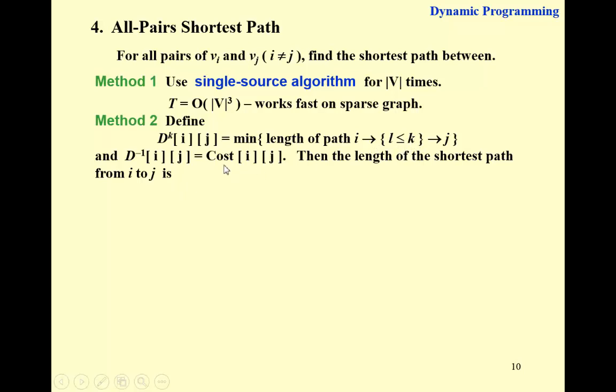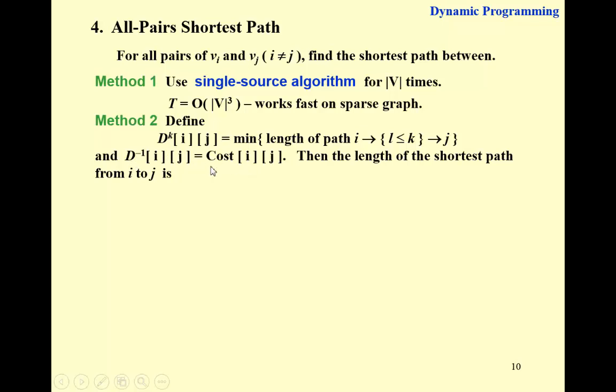So we start from the initial cost matrix, let's denote it D sub negative 1. That's the initial condition. Then we begin to update this matrix by incrementing k one by one.